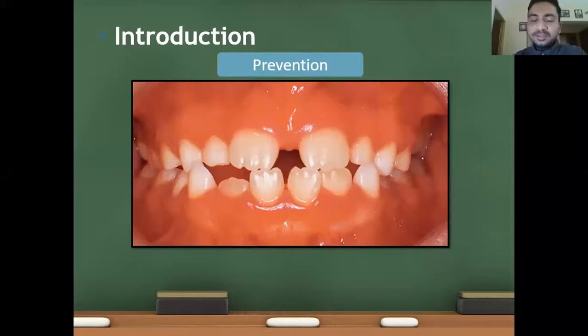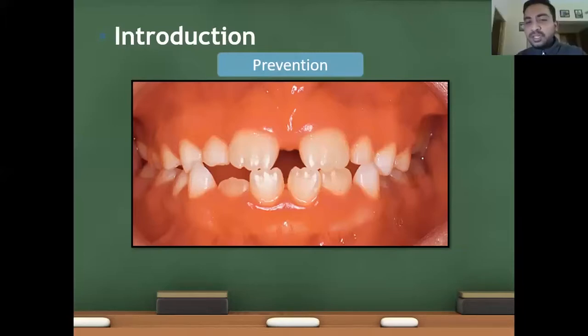This looks like the mixed dentition stage where the permanent incisors are just erupting. So we'll see patients at this age and we'll try to anticipate which kind of malocclusions this patient might have in future. And by anticipating those malocclusions, we'll try to prevent those malocclusions from happening.